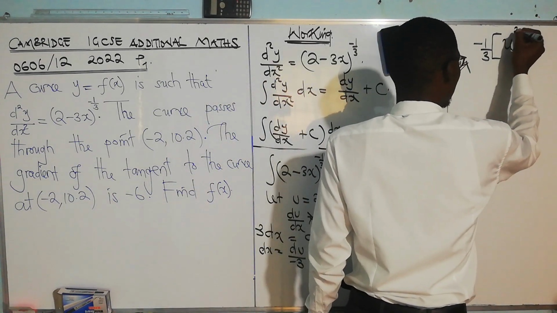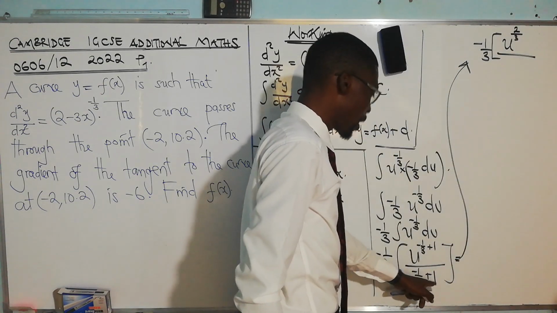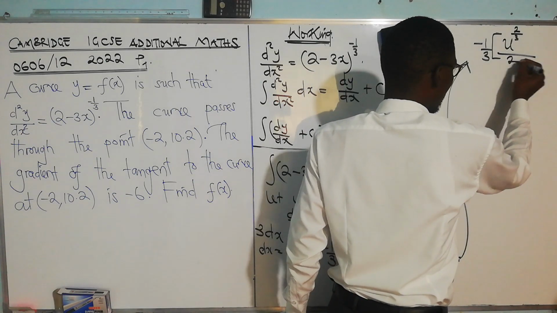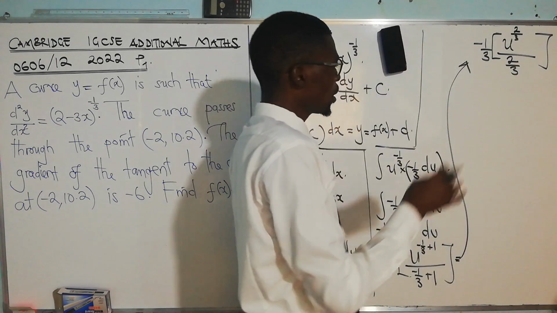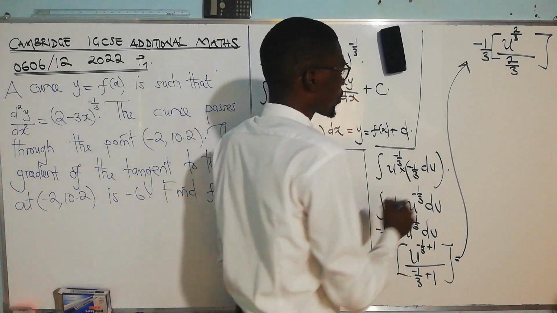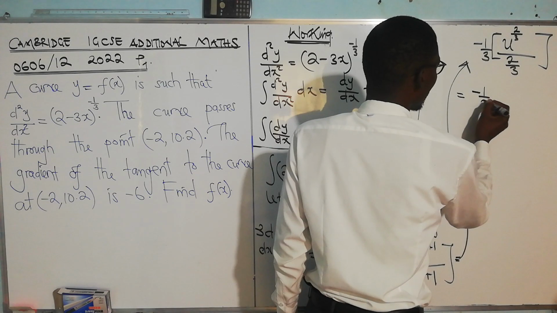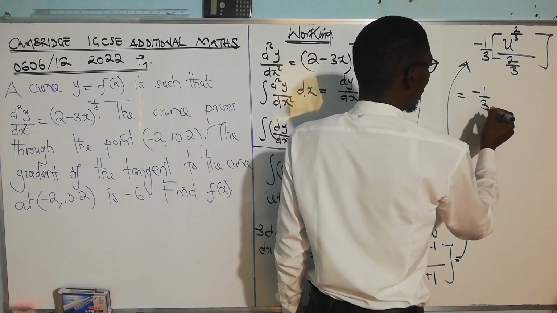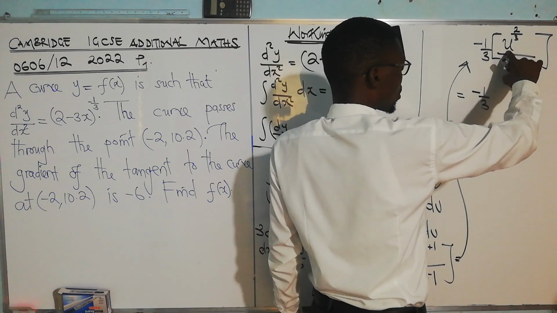So this will be u to the power 2 over 3, over negative 1 over 3 plus 1, which is also 2 over 3. So when you integrate, you are going to get that. Alright, this will be equal to negative 1 over 3. This exponent is not part of this number, it's just part of u.